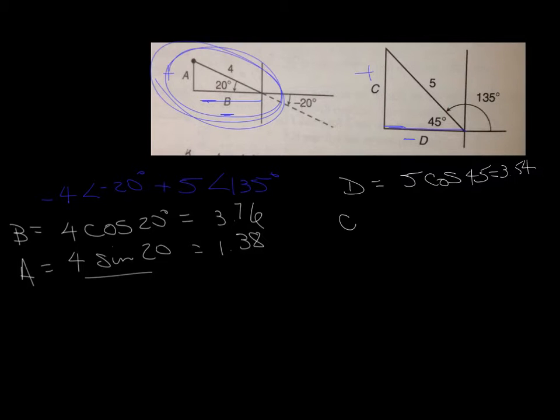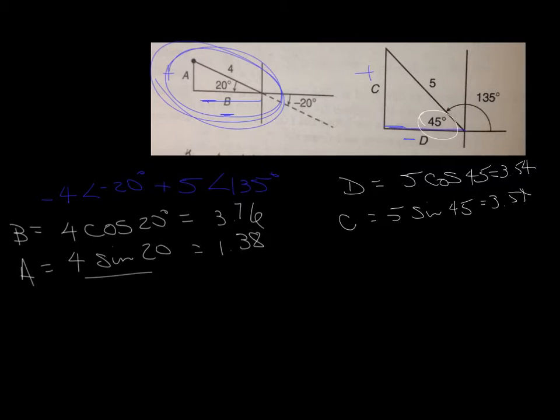And my c is my y, and it's going to be 5 sine of 45, and that gives me 3.54. Same thing, which I would expect with a 45-degree angle. Now I have the lengths of a, b, c, and d.